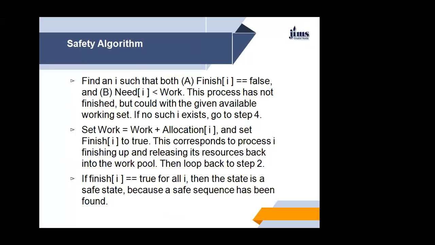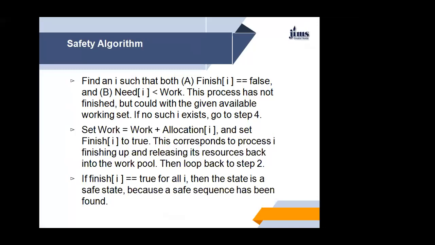Find an i such that both a, finish[i] equals false, and b, need[i] is less than or equal to work. This process has not finished but could with the given available working set. If no such i exists, go to step 4.